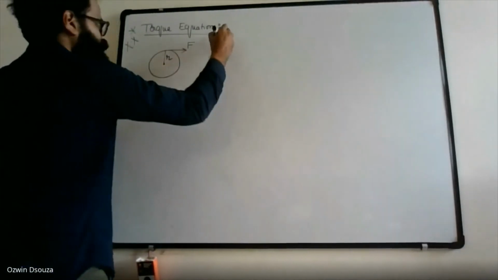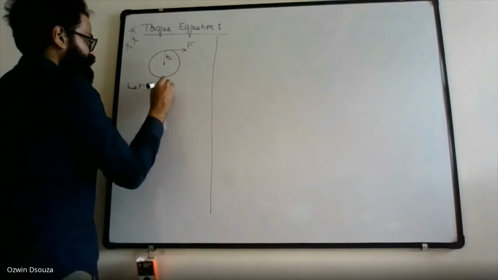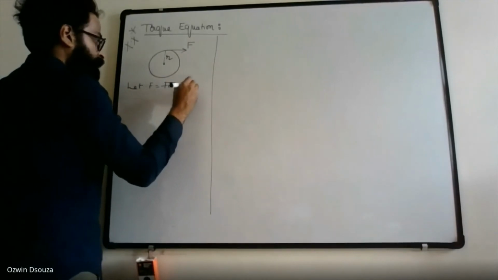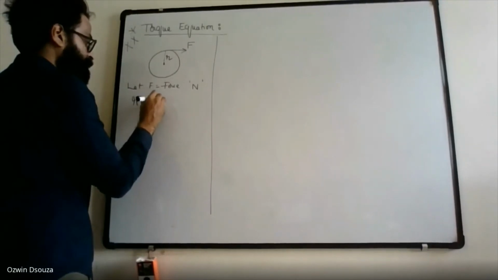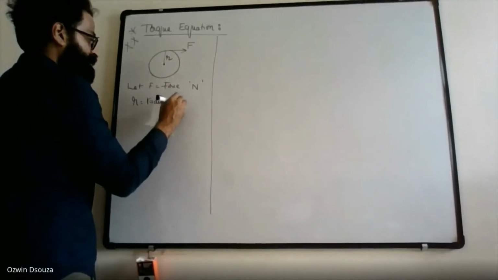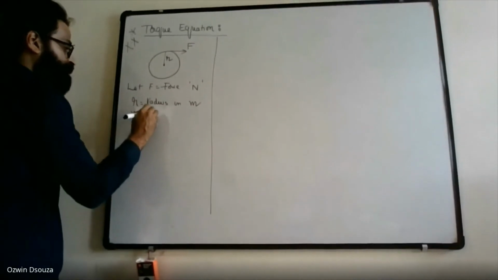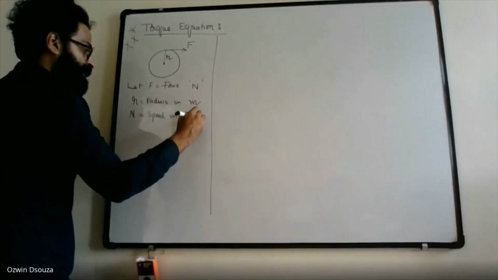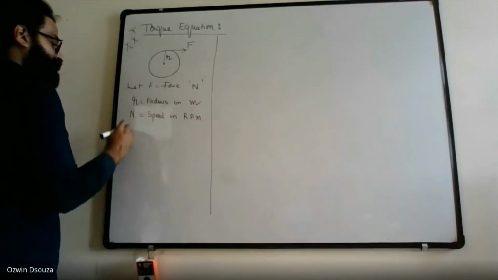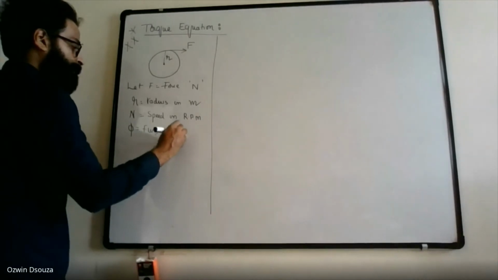And let us define certain machine constants. Let F be the force in newtons, r the radius in meters, n the speed in rpm, and phi the flux per pole.